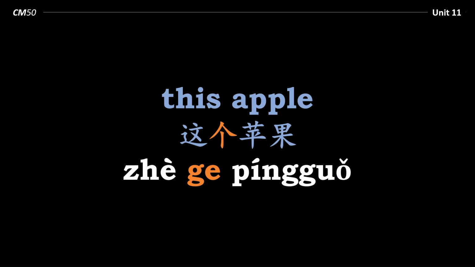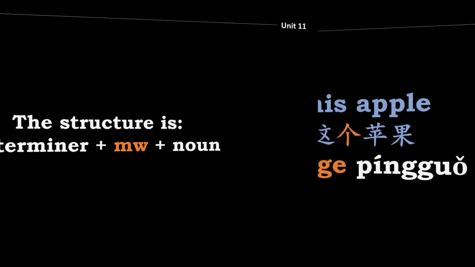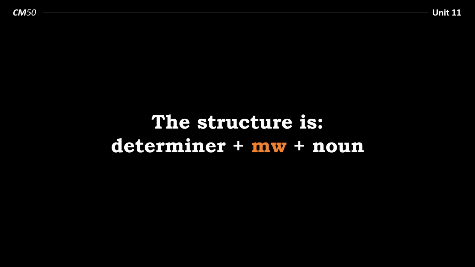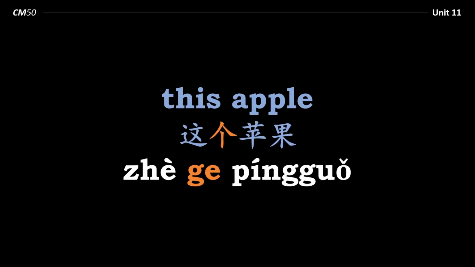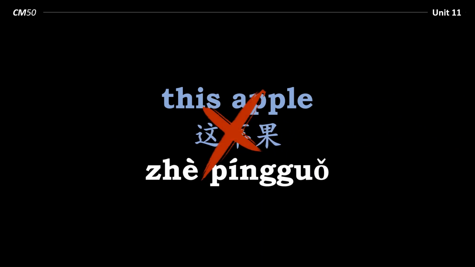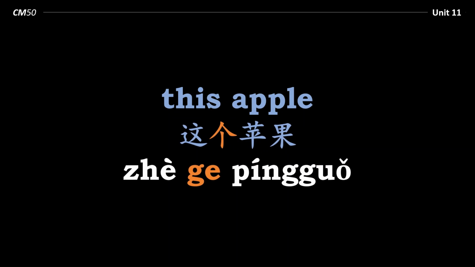Let's just remind ourselves of this structure. Determiner, measure word, noun. But if we go back to that example sentence, what do you notice about the English? It's just determiner and noun. This apple. But it's not possible to do this in Chinese. We cannot say 这苹果. The correct way is 这个苹果.